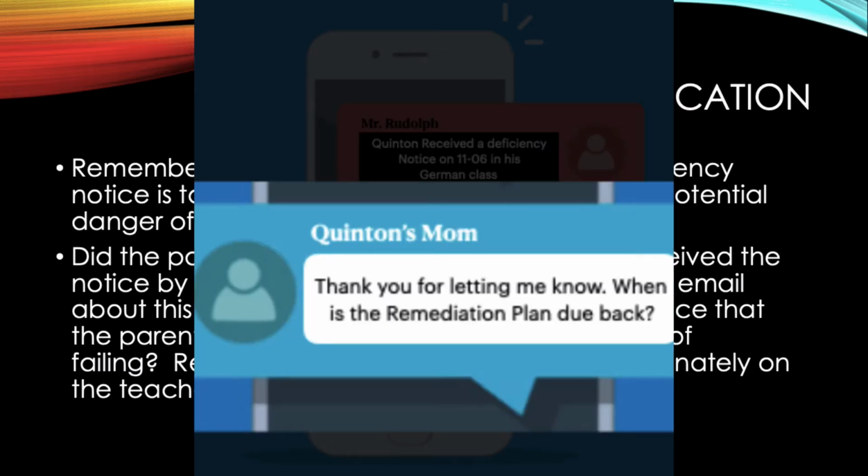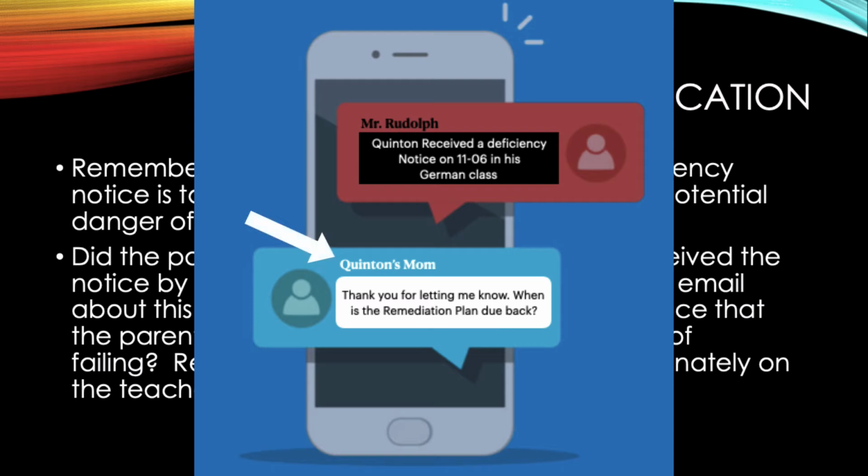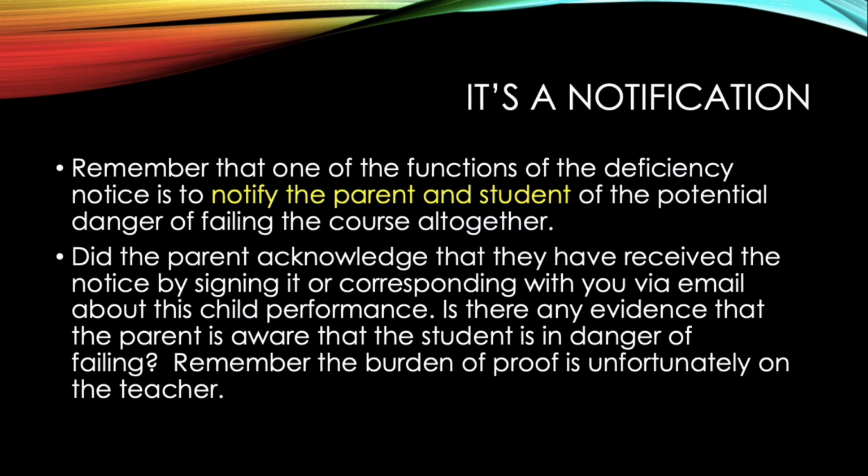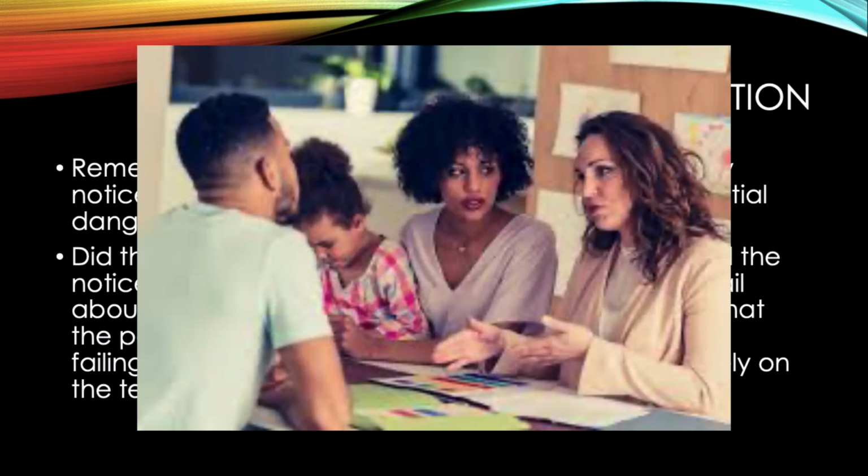Bullet 2 says that the parent acknowledges that they have received the notice by signing it or corresponding with you via email or phone call about the child's performance. Is there any evidence that the parent is aware that the student is in danger of failing? We want to make sure that it could never be said that the child spent 18 weeks or 9 weeks in the course and the parent was never aware that the child didn't turn in any work or was not doing well in class.